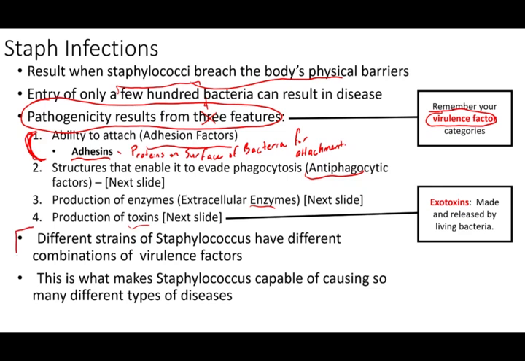Before we get into this list of virulence factors, I do want to introduce this concept to you. There are different strains of Staphylococcus, and mostly when we talk about a staph infection, it's most likely going to be this one, Staphylococcus aureus.